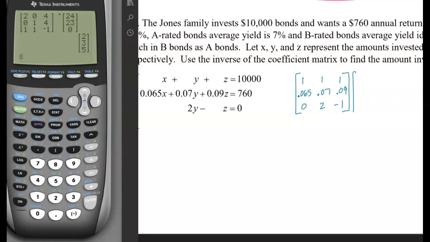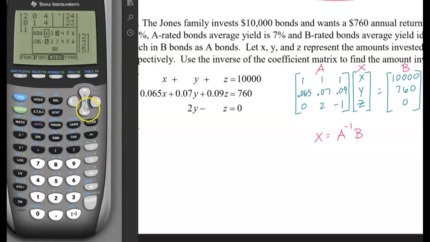And this is multiplied by our variable matrix, set equal to our constant matrix. So now to solve, this is, let me show you, our A matrix, our variable matrix, and our B matrix. To solve, we just do the inverse of A times B.